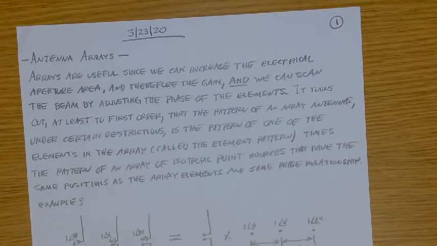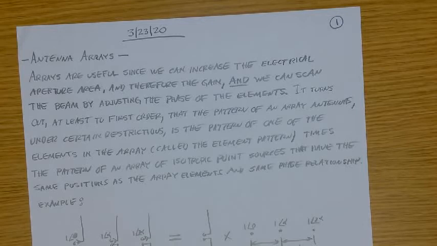Now, sometimes you may spin the antenna array in azimuth, and then you may control the direction of the beam in elevation using phasing. So there may be some combination of physically turning the array and electrically scanning the beam.